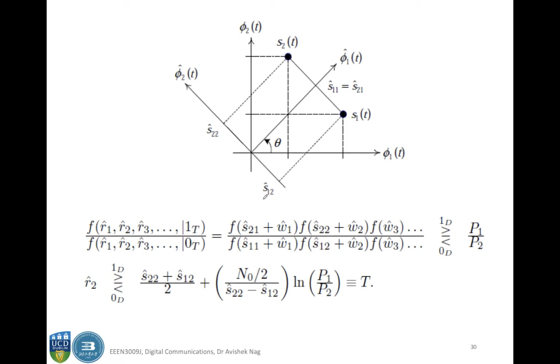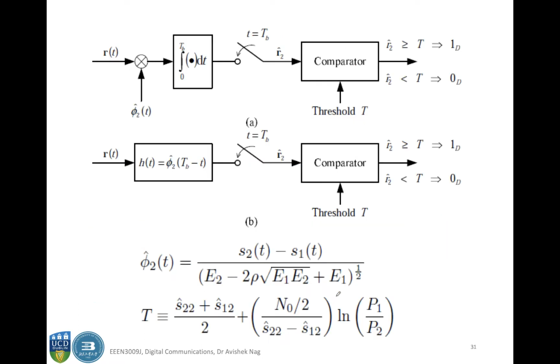representation where you only observe R2 hat and check whether it is greater than a threshold or lower than a threshold, and the threshold itself is given by this expression. So you can have a single matched filter matched to phi 2 hat, and then you obtain R2 hat, and you compare whether that R2 is greater than T or lower than T, and you decide 1 or 0 based on that.